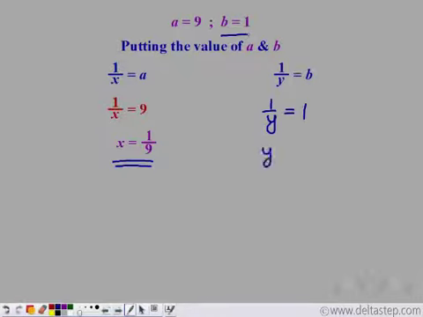Or y is equal to 1. So x is equal to 1 by 9 and y is equal to 1 is the solution of the given pair of equations. Although the pair of equations was not linear, we transformed it using some substitution into a pair of linear equations in two variables and solved for x and y.